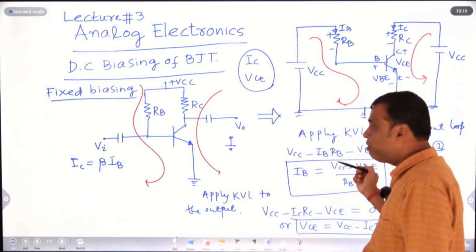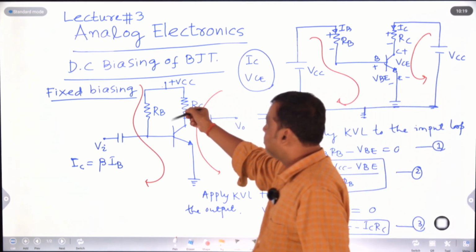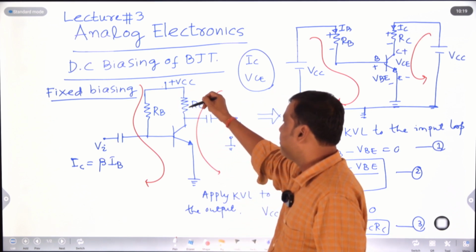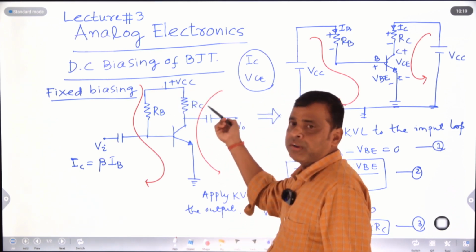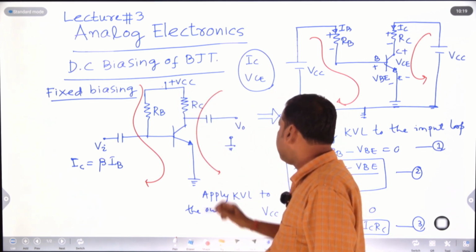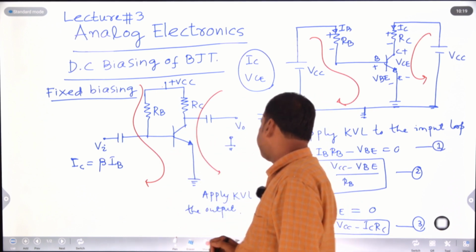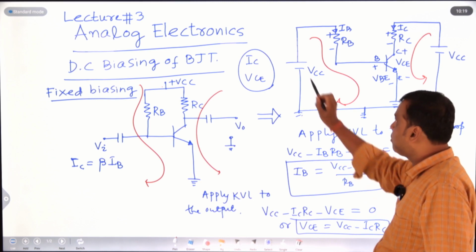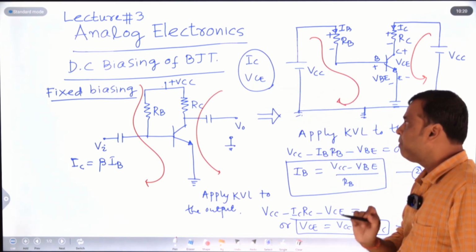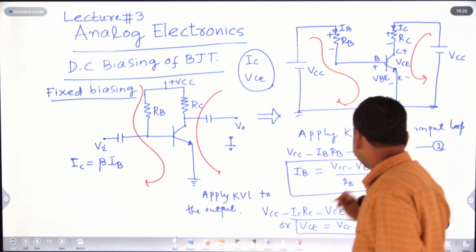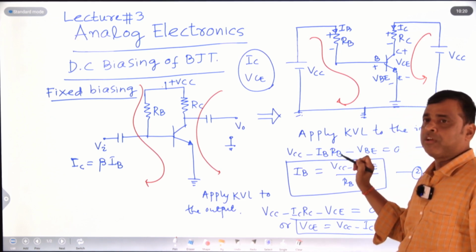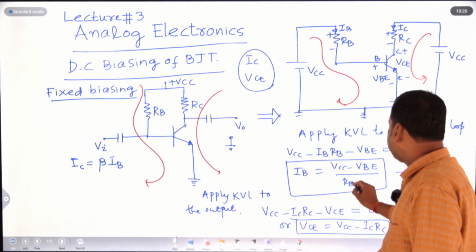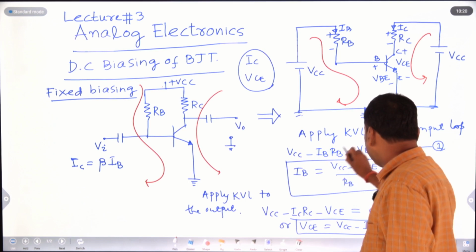RB is also a constant resistance, maybe 100k or 200k, whatever our requirements, we choose the value of RB. So all values are constant.